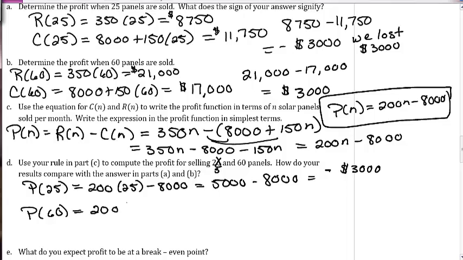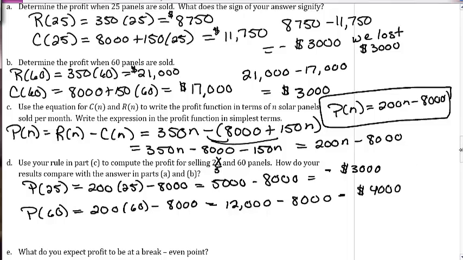200 times 60 minus 8,000. And 200 times 60, that will be 12,000. Minus 8,000 gives us 4,000.